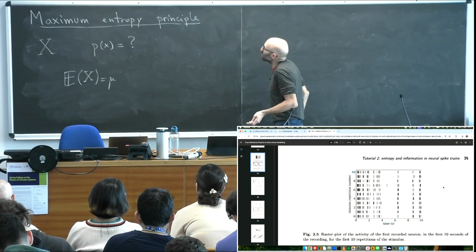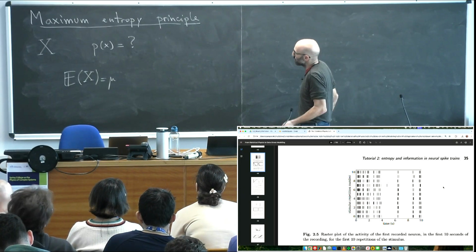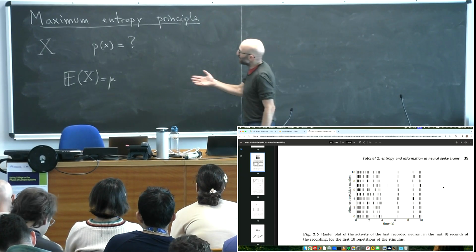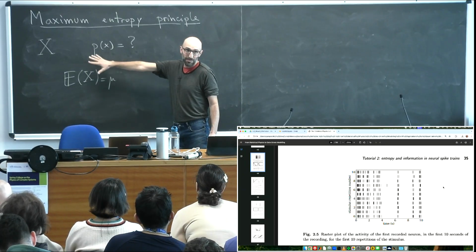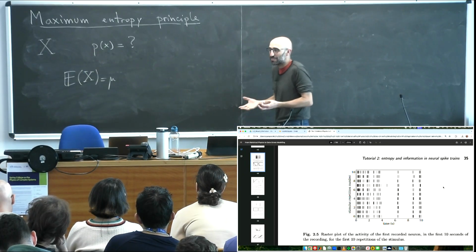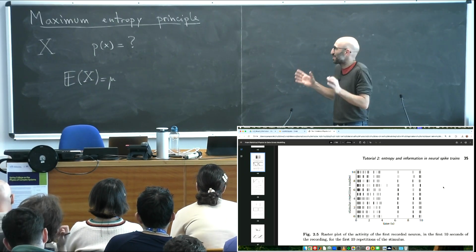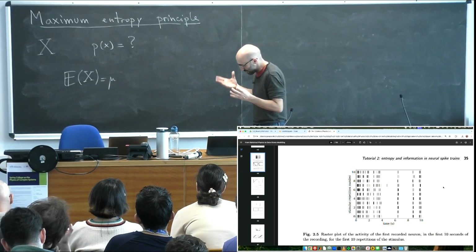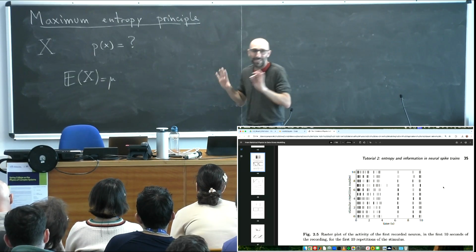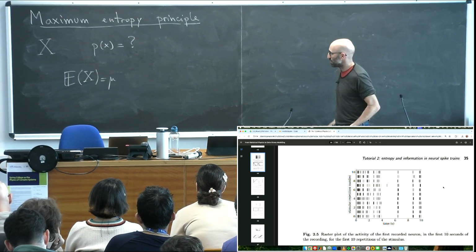The idea is to say, because entropy is a measure of the uncertainty that I have about my variable, I will try to maximize it in such a way that I'm being the most agnostic as possible. I'm trying to make the least assumptions on my variable, okay?